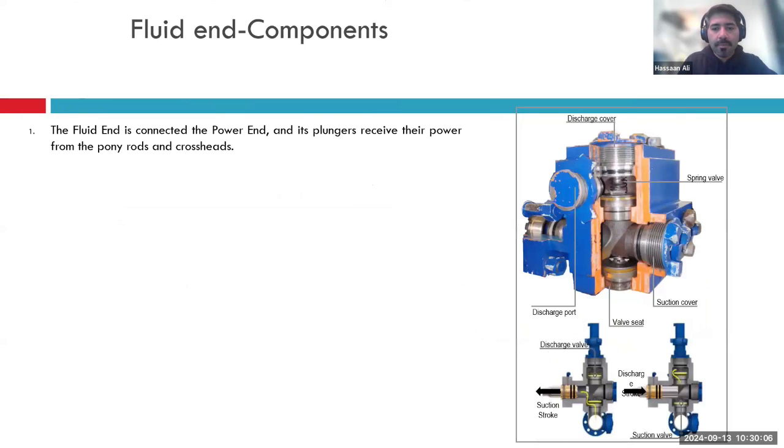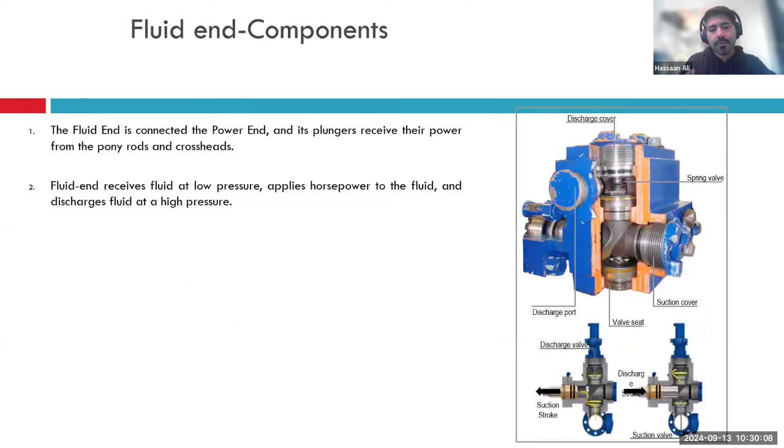Fluid end components: two of the fluid end components are essentially your discharge valves, your suction valves, and your discharge lines and suction lines. We were talking about air vessels and how we can ensure that there is no overpressure situation.